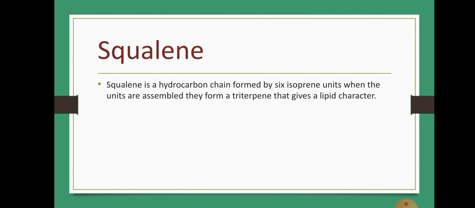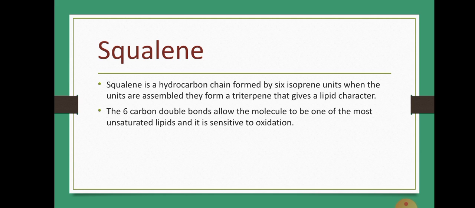Squalene is a hydrocarbon chain formed by 6 isoprene units, as we have discussed below. When the units are assembled, they form a triterpene that gives us a lipid character. Six carbon double bonds allow the molecule to be one of the most unsaturated lipids, and it is sensitive to oxidation.